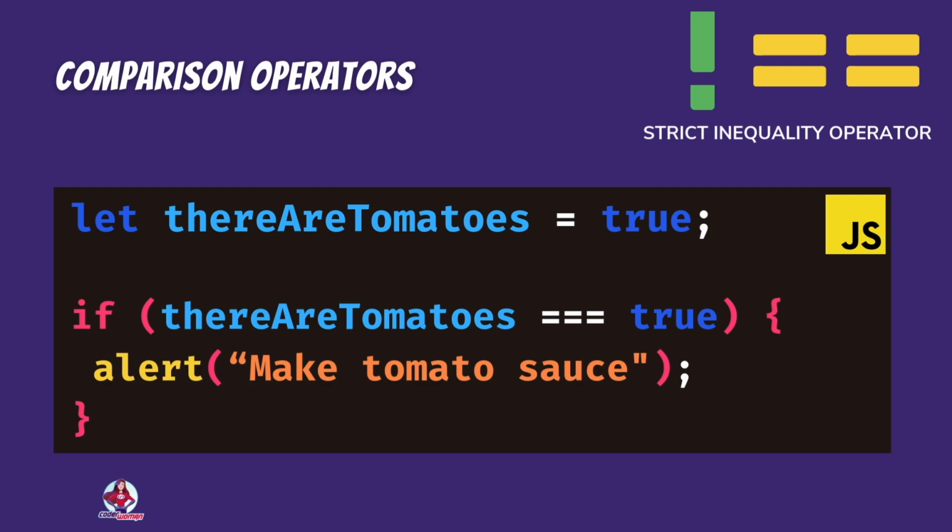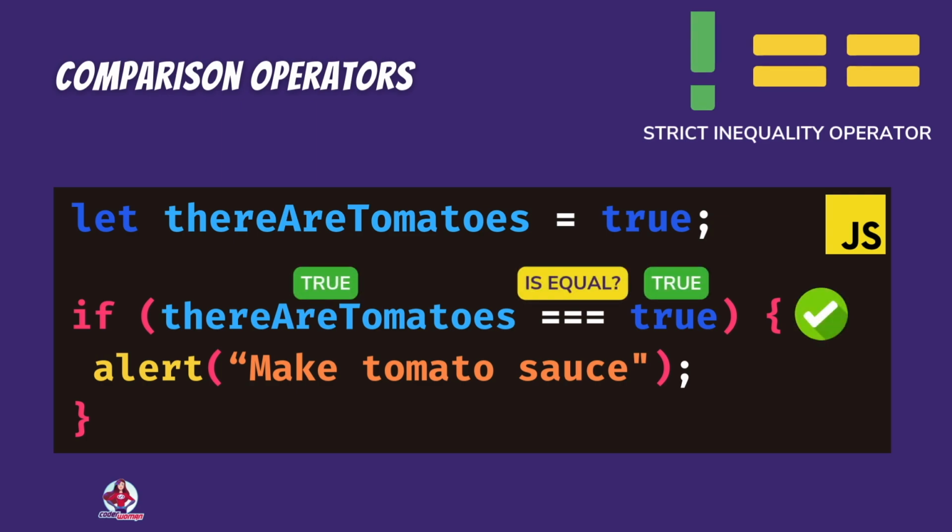Using strict equality, we check if we have tomatoes. If there are, we display that we'll make tomato sauce. We've set the variable there are tomatoes to true, so the left side of the operator equals the right side, resulting in true. That means you have tomatoes and can go ahead and make your sauce.